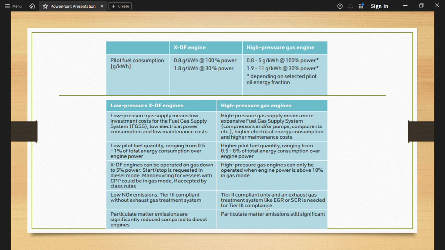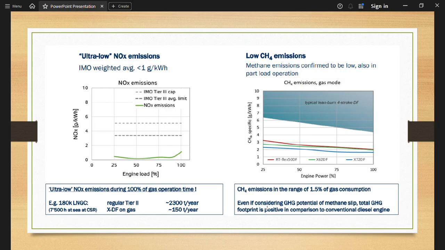So in this type of engine you can see here, we have already seen the histogram or the graph about all the emissions of maybe SOx, NOx, particulate matter, in which engine we have up to what level. Ultra low NOx emission, that IMO weighted average is less than 1 gram per kilowatt hour. Low CH4 emission, that is methane emissions, confirmed to be low also in part load operation.